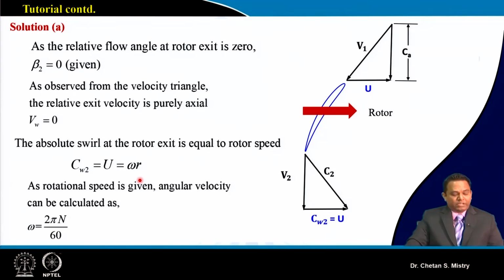Now in this case, we can write omega as 2 pi N by 60, and based on that, if we calculate it, our omega, that is angular speed, comes to 1466.07 radians per second.